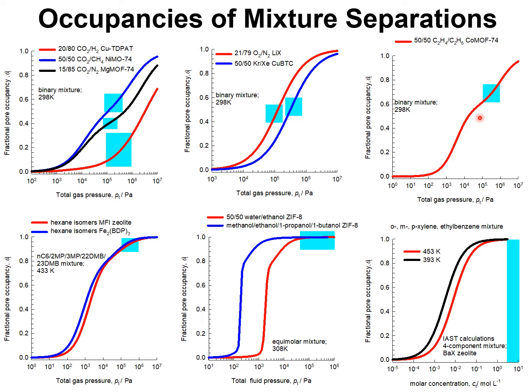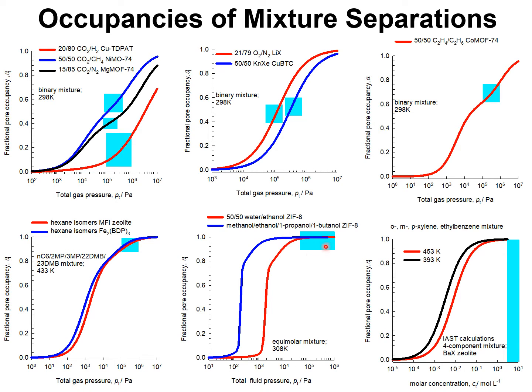For ethane separations, the pore occupancies may increase to 0.7 if you operate at say 1 megapascal. These are separations of hexane isomers, where at conditions normally used in industry, the pore occupancies are about 0.9.